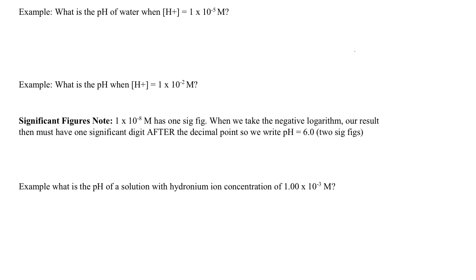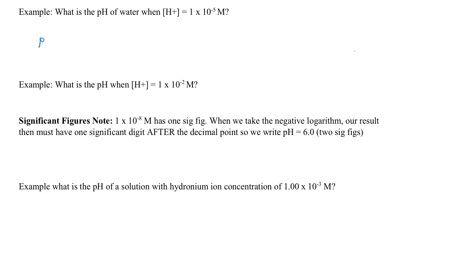So let's put these two concepts together: the concept of pH being the negative logarithm, and the concept of a logarithm being to what power do I need to raise 10 to get some number back. Let's look at this example. What is the pH of water when the hydronium ion concentration is 1 × 10 to the -5 molar?